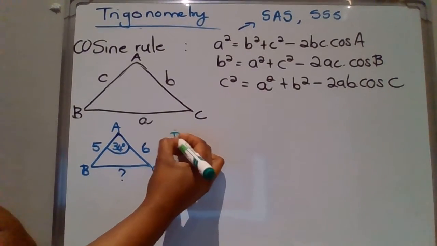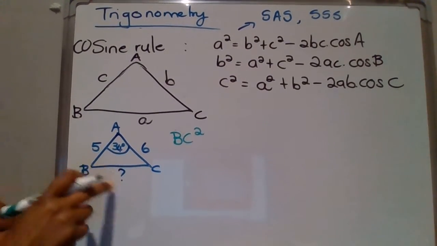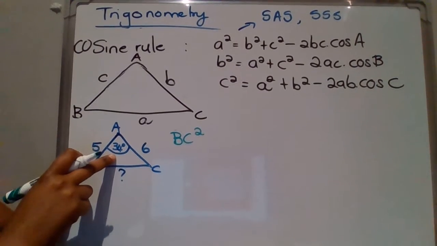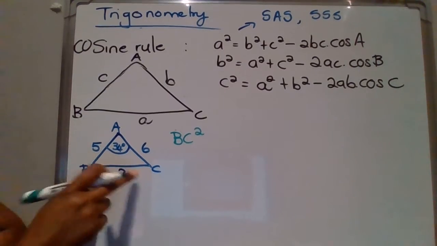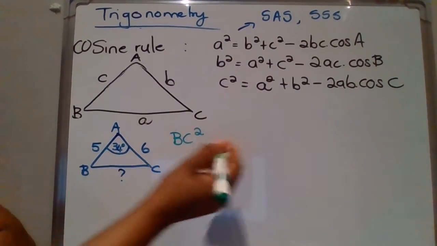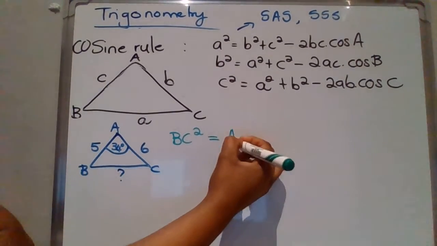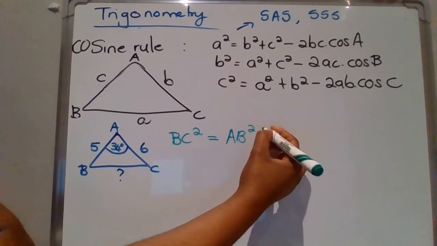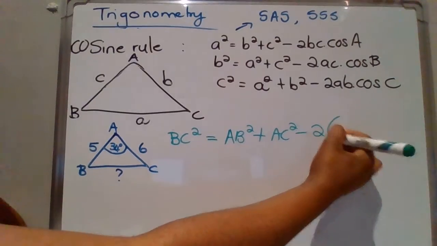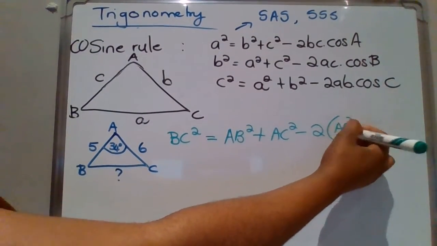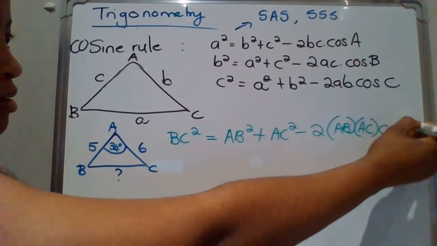So I have BC squared, this is what I need to find. So it needs to have a corresponding angle that's opposite the line that I'm trying to find the length of. So I have BC squared is equal to the sum of the squares of the other two sides, AB squared plus AC squared minus 2 times AB times AC times cos A.